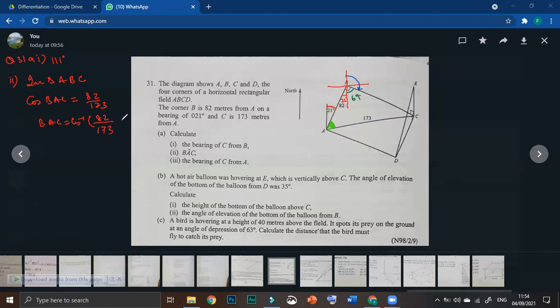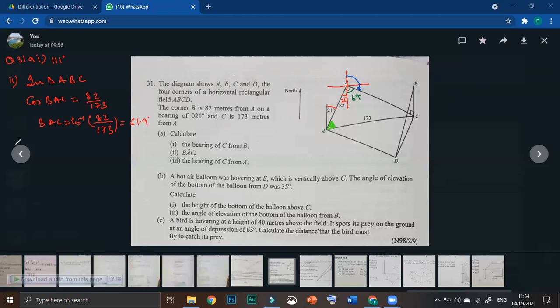What's the final answer? Sir, 61.9. 61.9 is the final answer.